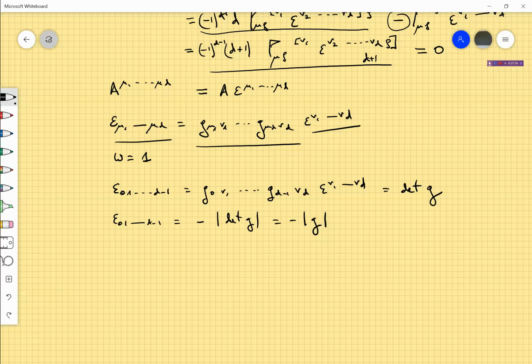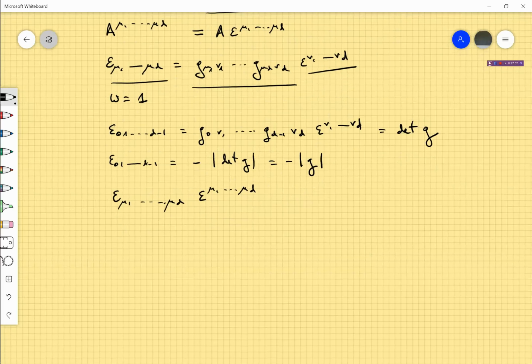In that case there was no difference between indices up and indices down, but here there is such a difference. The contraction that I will explain now is the total contraction. We can study what happens when you contract fewer indices.